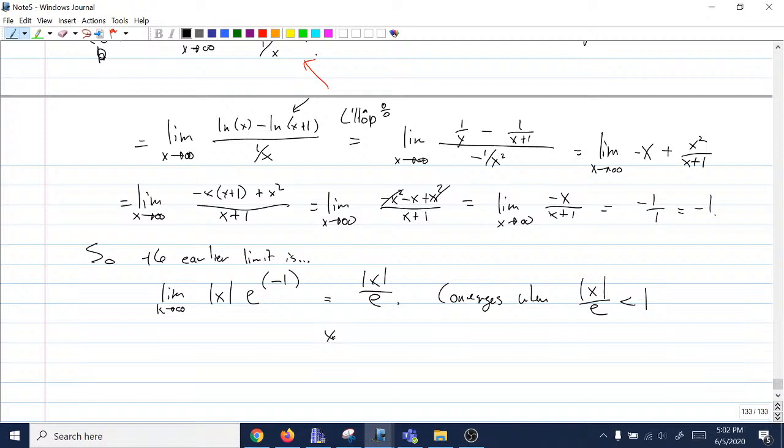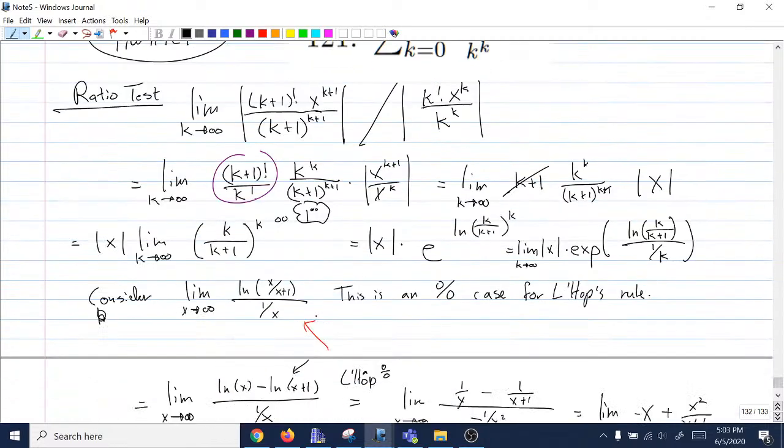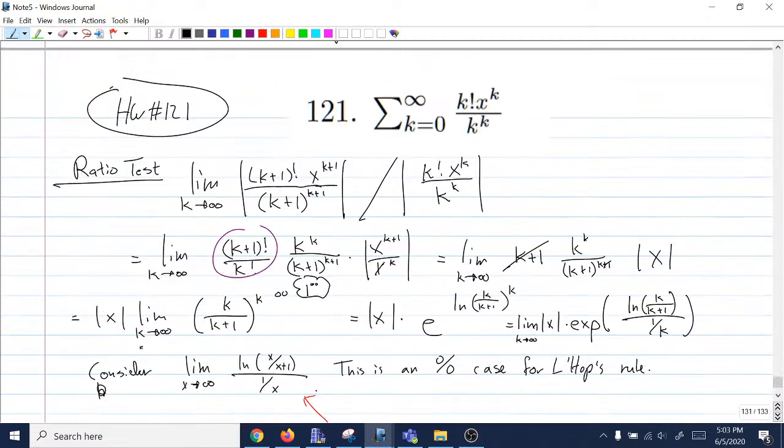That's from x between negative e and e, is our interval of convergence. Or our radius is e. The interval is negative e to e, give or take some parentheses and brackets.